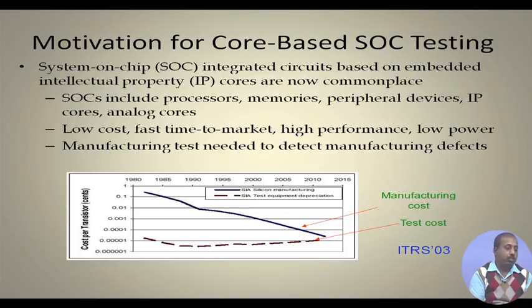The complexity and the amount of test time to be devoted are also going to be high, which translates into the cost of the system. So test cost is going to overcome the manufacturing cost.